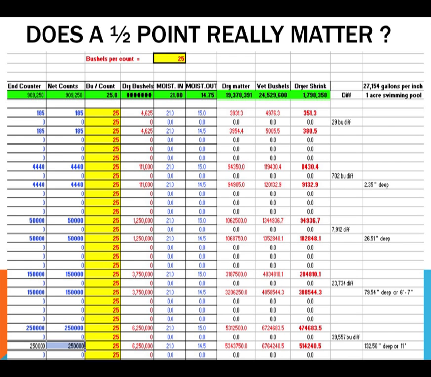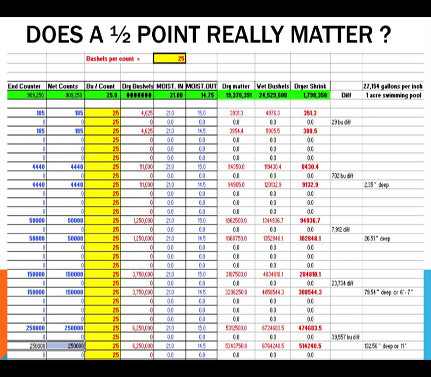And in this example, it went in at 21 and it came out at 14.5. A half point, that's all there is, just a half point difference. The difference between those two is almost 8,000 bushels of additional shrink. I don't know about you, but 8,000 bushels at $4 a bushel is worth a vacation someplace, right?